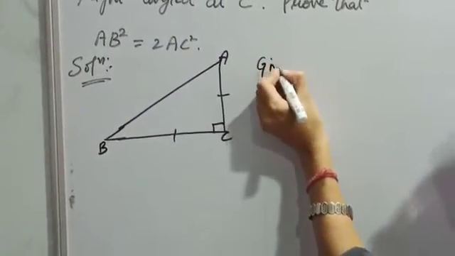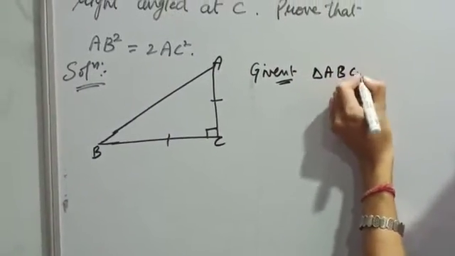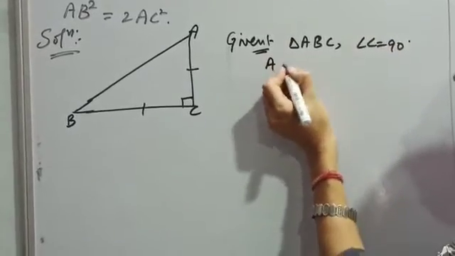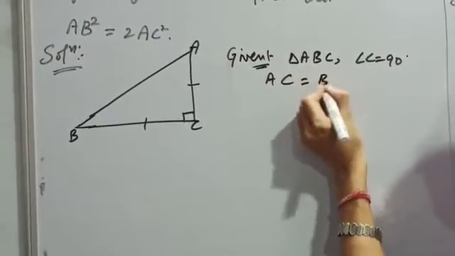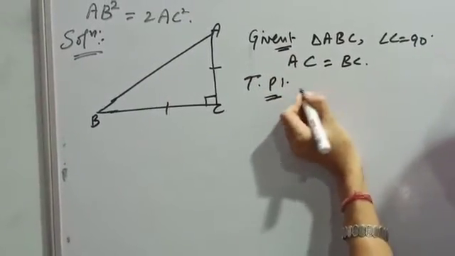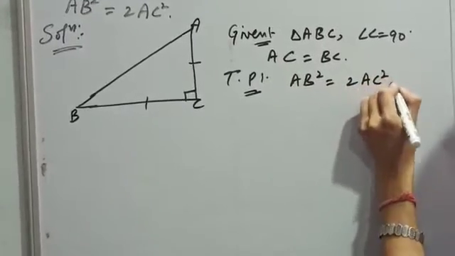In the given part we can write triangle ABC in which angle C is equal to 90 degrees and AC is equal to BC. Then to prove, we have to prove that AB square is equal to 2 times AC square.